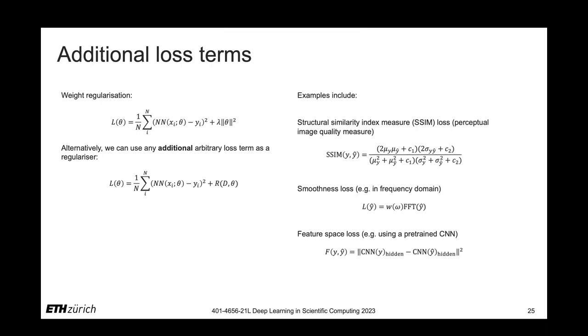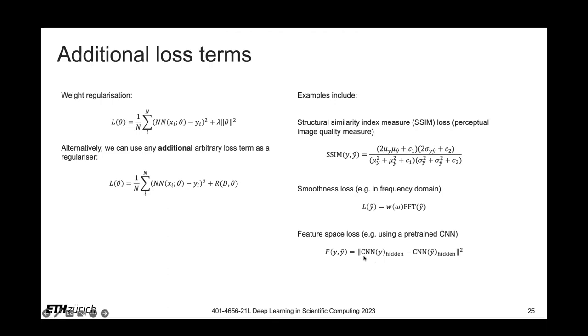It might actually be better to take a norm in a different space, maybe the space of salient features in that image. So for example, you could take that image and turn it into a set of salient features, like using unsupervised learning. One feature might be how much like a cat it is and how much like a dog it is, or the textures in the image. If you took a norm in that space as a loss function, you may get better images, and you might be able to train the network better.